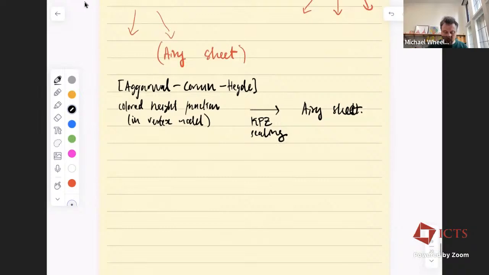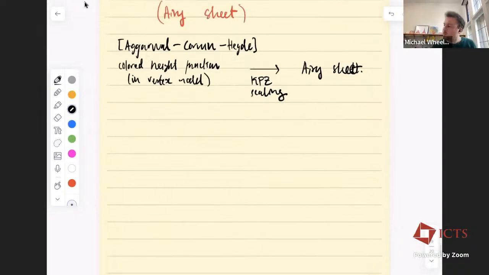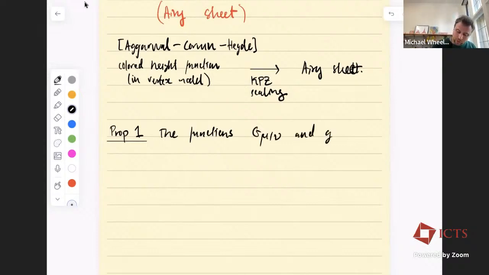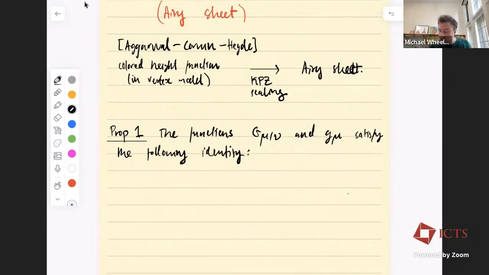All right, so these are going to be the so-called Cauchy identities. So proposition number one is that the functions g mu over nu and little g mu satisfy the following summation identity. So what is it?